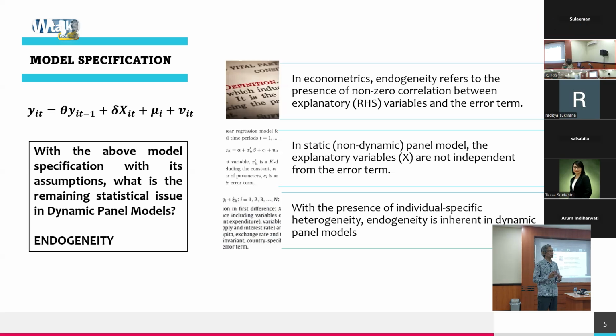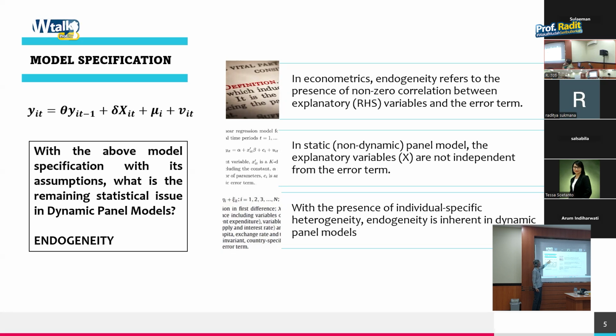And when we say endogeneity, what is it? In general terms, endogeneity is when there exist correlations between the error terms and the independent variables, the right-hand side variables, with at least one of them, right? With that variable, we have endogeneity problems, right? So that's what we mean by endogeneity. Now, in dynamic panel models, X is exogenous, so the source of endogeneity is not coming from there.